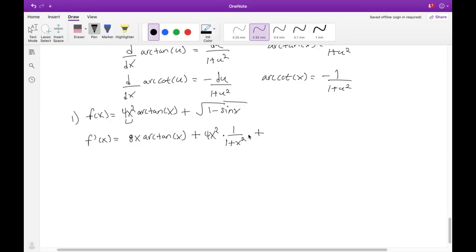And then I'm going to take the derivative of this square root of 1 minus sine of x, which is really just 1 minus sine of x to the power of 1/2. So I'm going to apply chain rule: 1/2, 1 minus sine of x to the negative 1/2. And I'll take the derivative of the inner portion, and the derivative of 1 minus sine of x is just negative cosine of x.